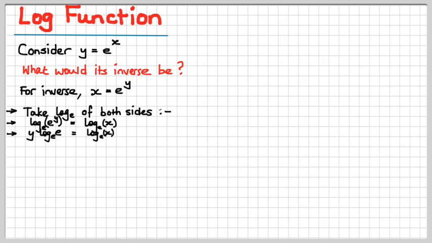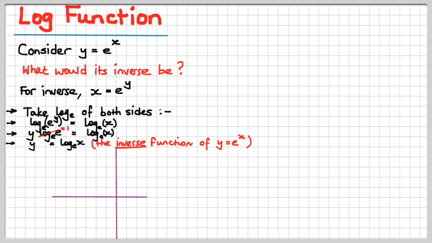That's one of the log laws. So we say, therefore, y times log of e with a base of e equals log of x. Now, do you know what the log of e with a base of e is? It equals 1. That's right, it does. So we'll deal with that in a moment. So therefore, y equals log x to the base e. And that tells us that y equals log x is in fact the inverse function of y equals e to the x. They're very close cousins.